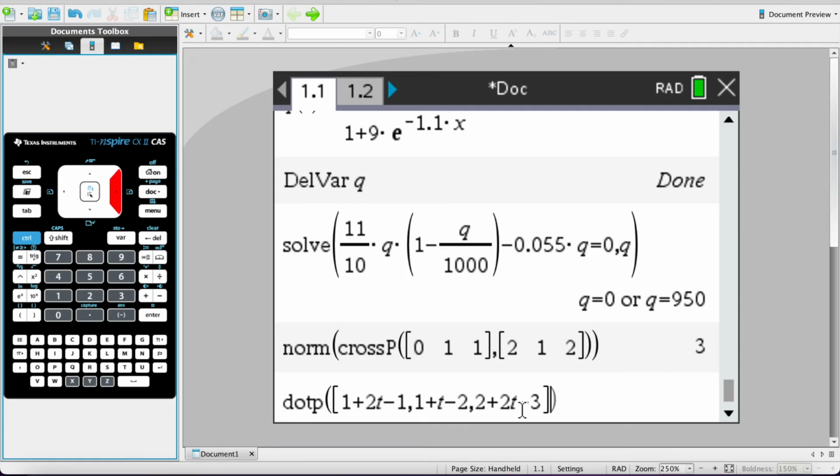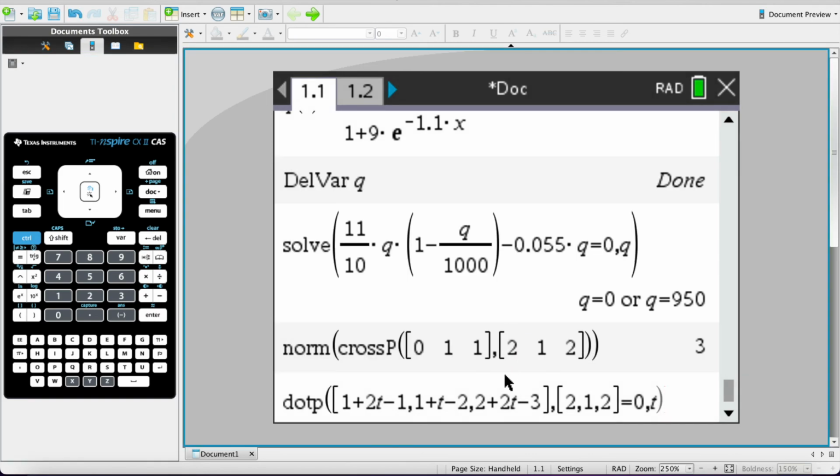So that's the vector, the normal vector, and dot, so comma 2, 1, 2, that's equal to 0, and solve for t. Oops, too many arguments. What have I done? Oh, I didn't put that in a solve.